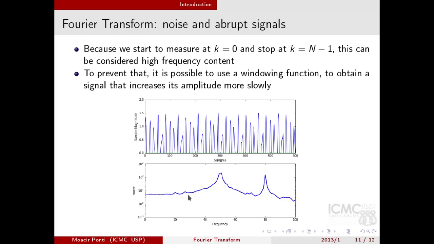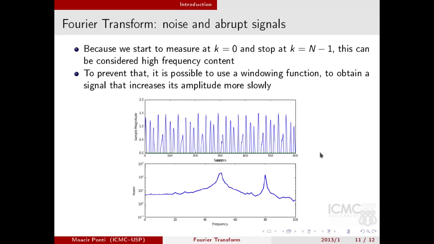What I'm showing you here is the logarithm version of the Fourier magnitude, and as you can see, there are lots of frequencies here that are not present in the signal, and it can somewhat hamper the analysis.